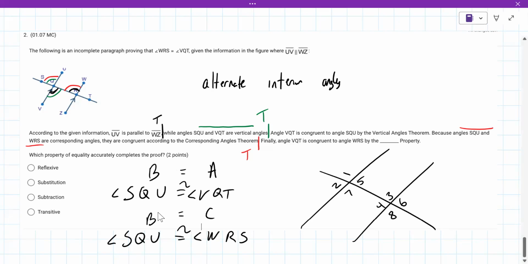Do you remember which one they emphasized in the notes, substitution or transitive?